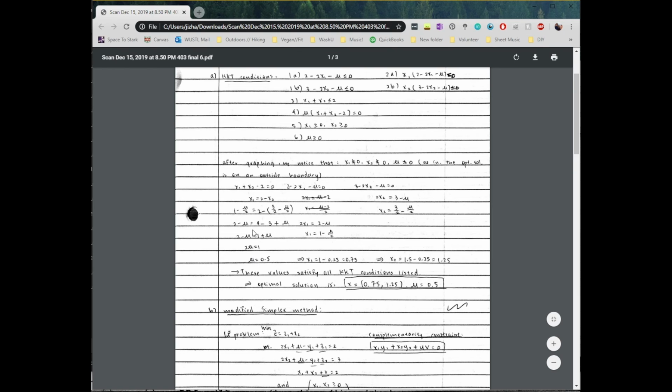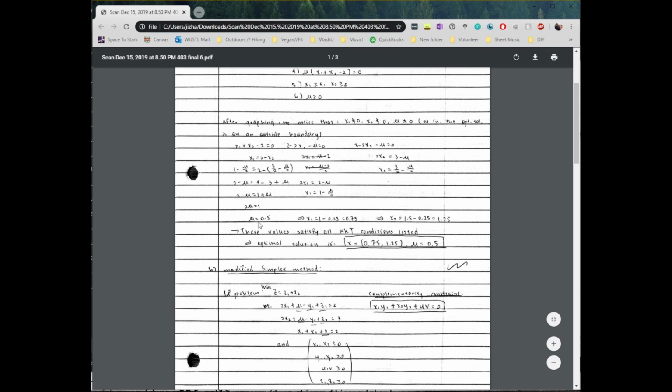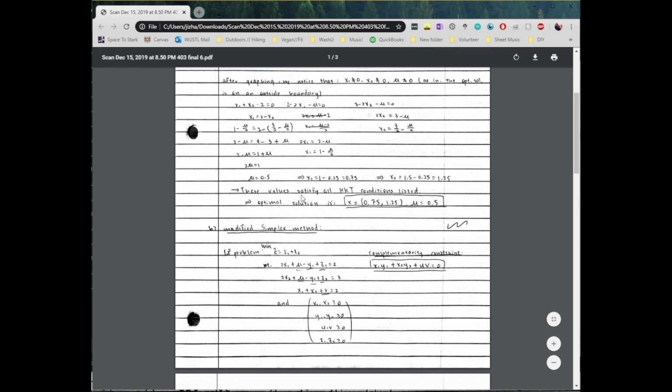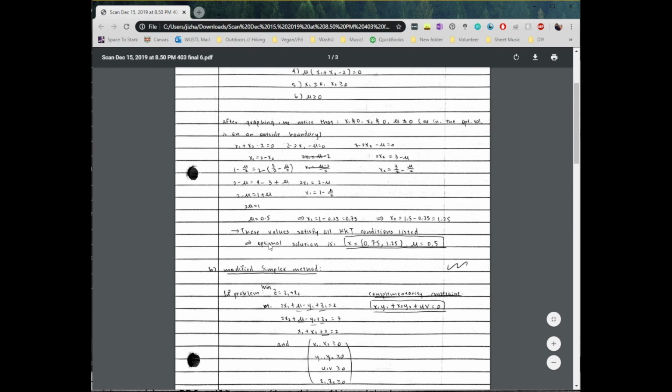So solving it, down here we see that we found mu is equal to 0.5. And now solving for x1 and x2 is fairly easy. You plug mu in. x1 is 0.75, and then x2, plugging mu in, is 1.25. We see that all these values satisfy all the KKT conditions listed up here, all 8 of them, and therefore we know that this is indeed our optimal solution, which is that x is equal to 0.75 and 1.25, and then mu is equal to 0.5.